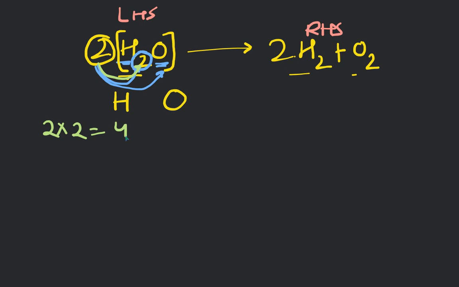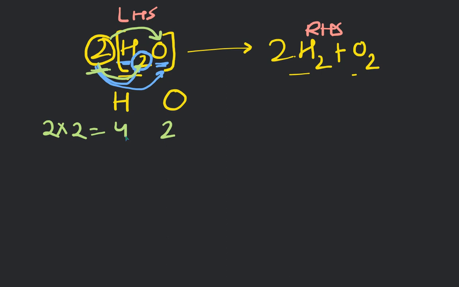Did you understand what I just said? Now can you tell me how many oxygens are present? No, not 0. This 2 is getting multiplied with the oxygen as well. So how many oxygen are present? Very good, excellent, outstanding. 2, correct.